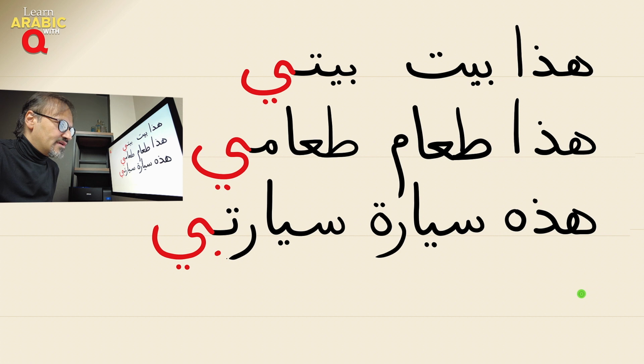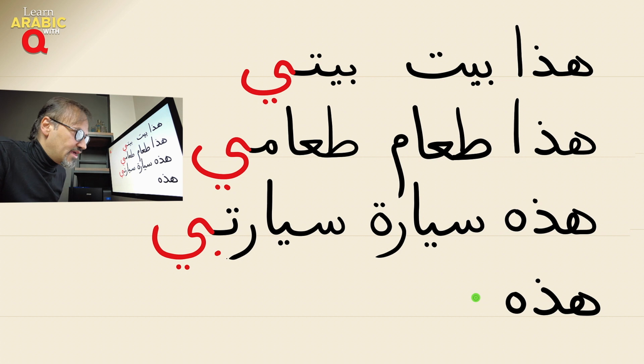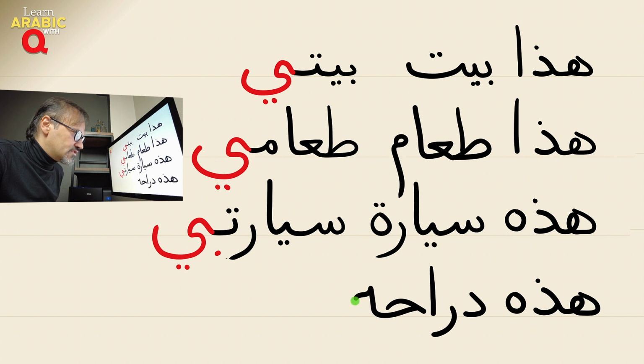Now we have هذه دراجة, bicycle. And here's that dog head T. This form is called ta marbuta in Arabic, which means it's a connected t.